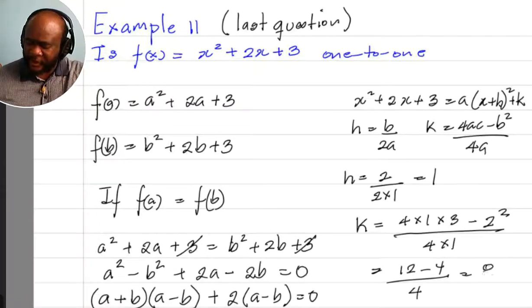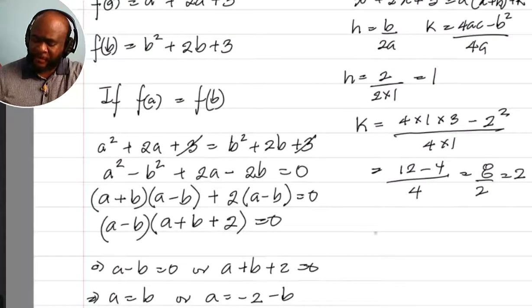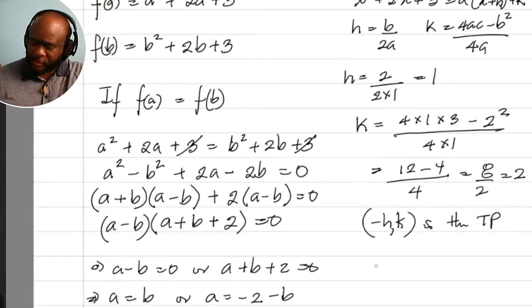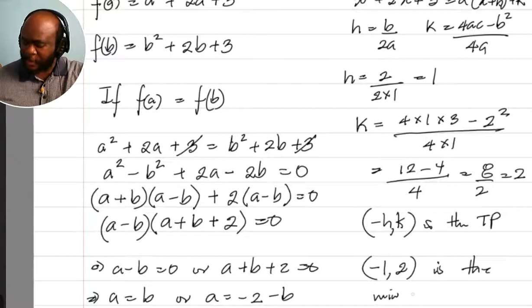This is equal to 8 over 4, which is 2. All right. Now, minus h, k is the turning point. So minus 1, k which is 2, is the minimum turning point.